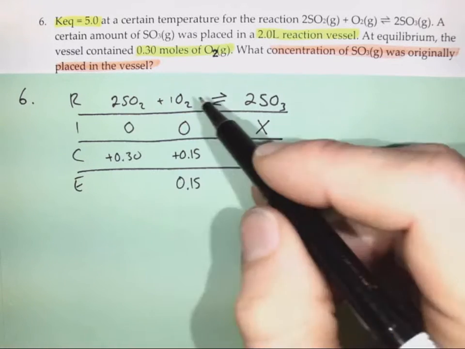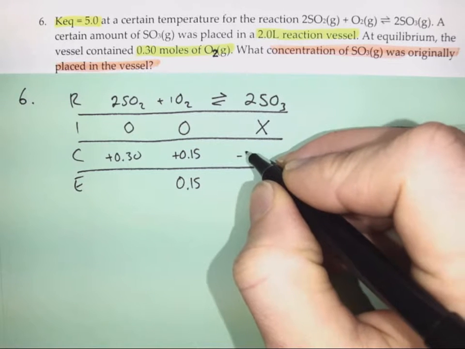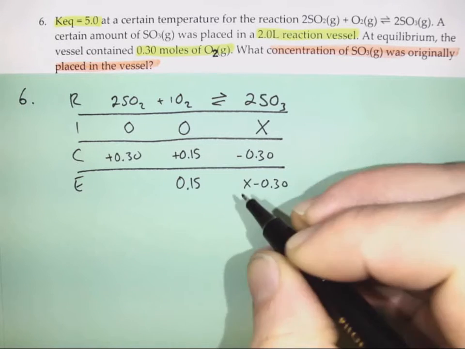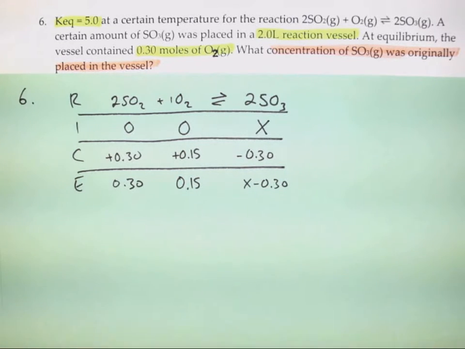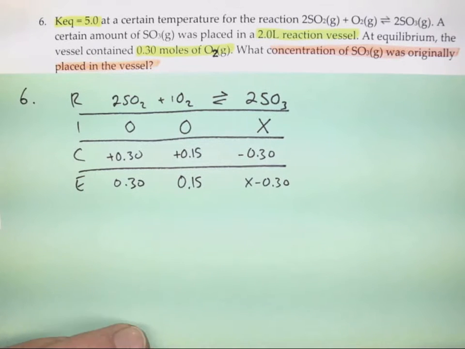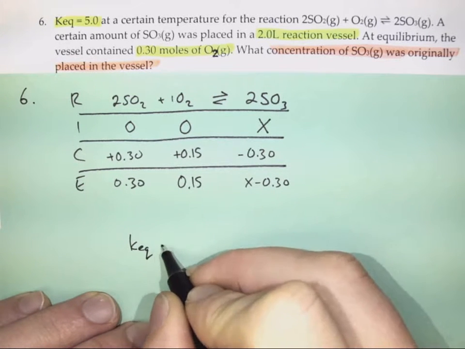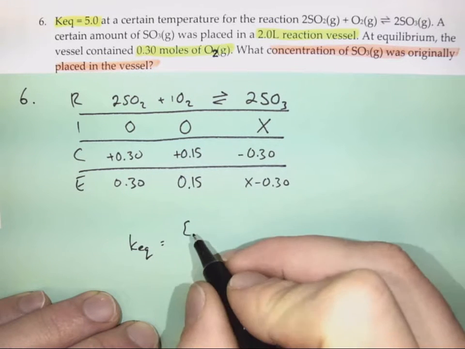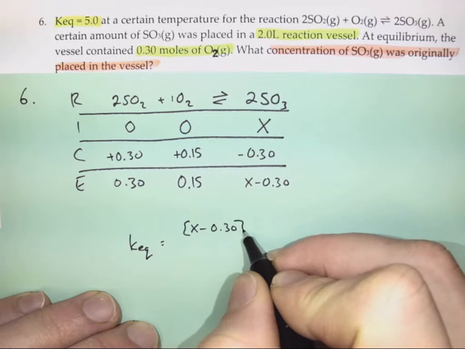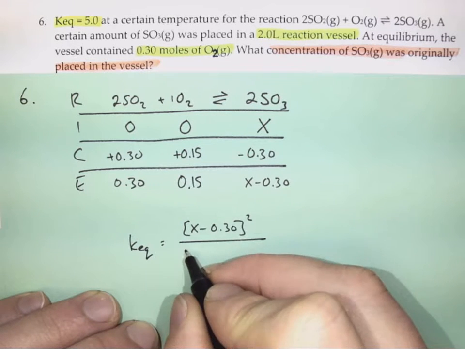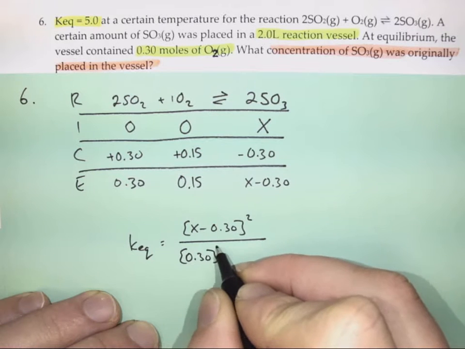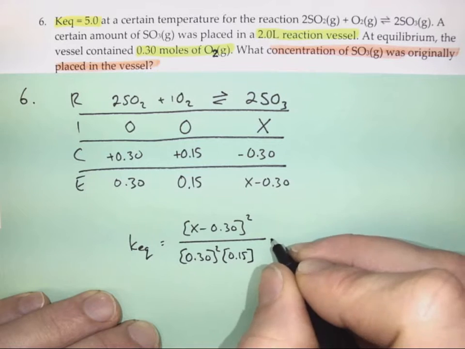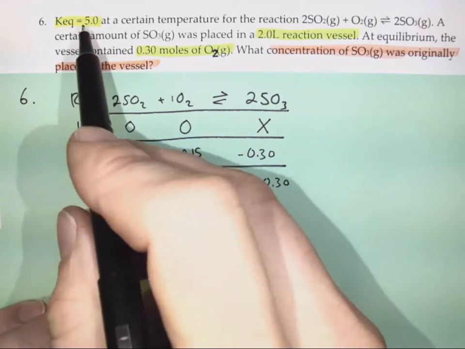And an equal number of sulfur trioxides would have to be consumed. So I get this value x, take away 0.30 and 0.30 here. All right. That's fine, and now I'll go to my KEQ expression, which says that concentration of my sulfur trioxide, which is 0.30, squared, over the square of sulfur dioxide times the concentration of oxygen. It's going to give me, oh wait, I know it's all equal to 5.